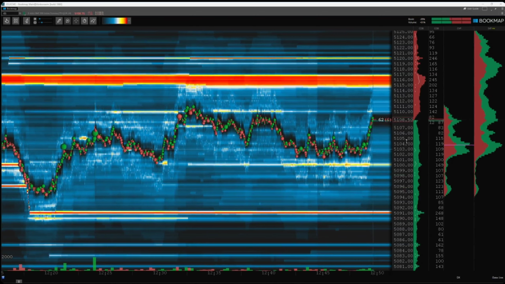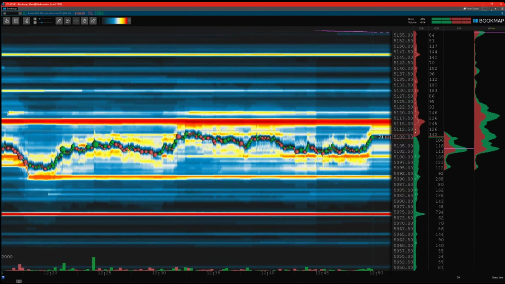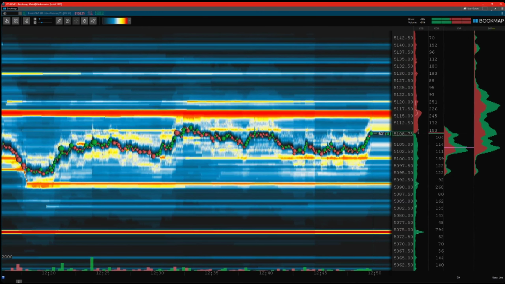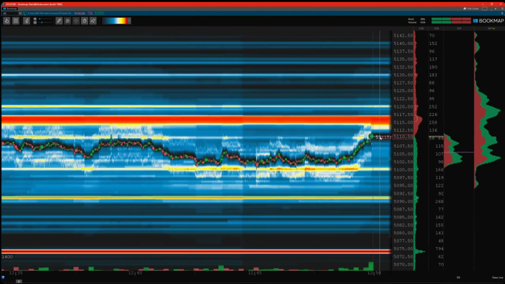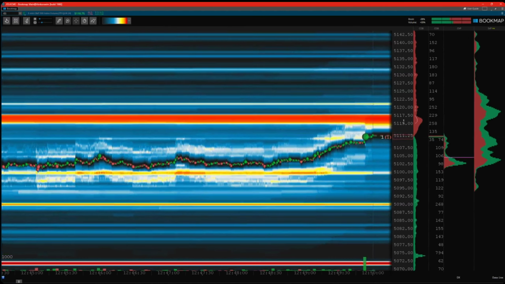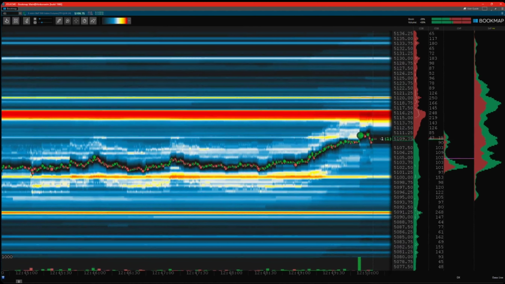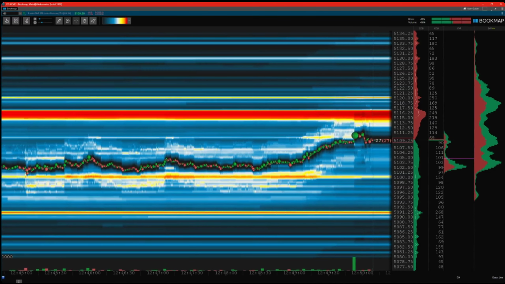Let's see what happens at this liquidity area. Still got 11 minutes. All right, the bears just made a massive move up. I mean, the bulls.